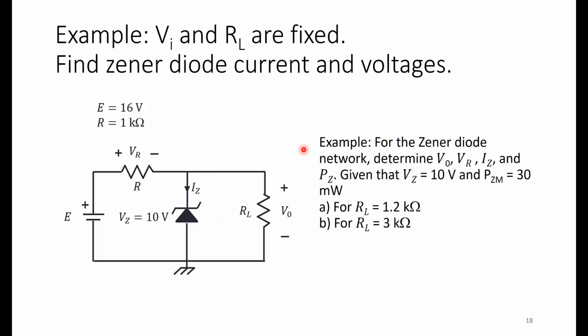We're supposed to find Vout, which is the voltage across RL, VR, which is the voltage across the resistance R, IZ and PZ, which is the current through the Zener diode and the power dissipated by the diode, for two cases of RL. One is 1.2 kilo ohm and the other is 3 kilo ohm.